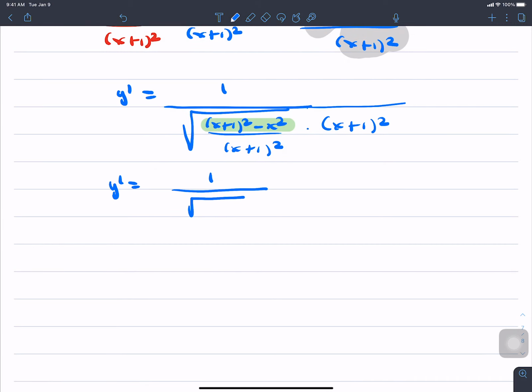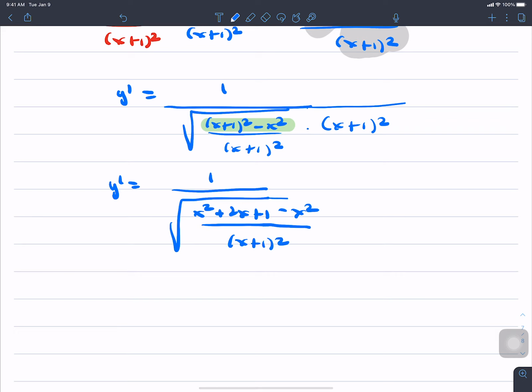So if we expand that numerator, I guess I have to do every detail. I'll keep it like this for now. So that'll be x squared plus 2x plus 1 minus x squared over x plus 1 squared now. And don't forget that there's a factor of x plus 1 squared here.